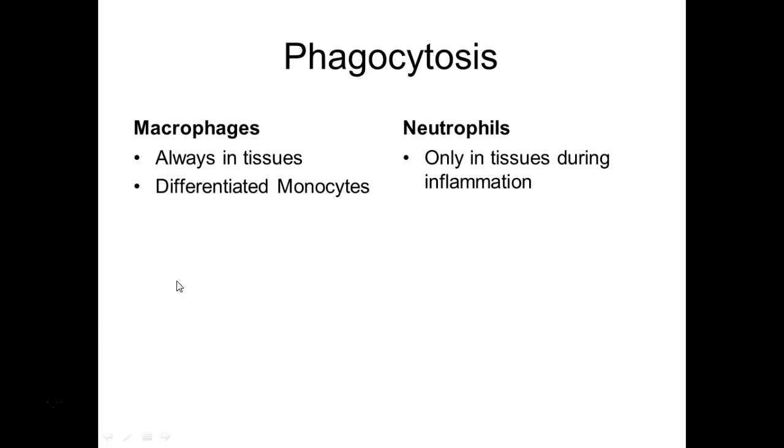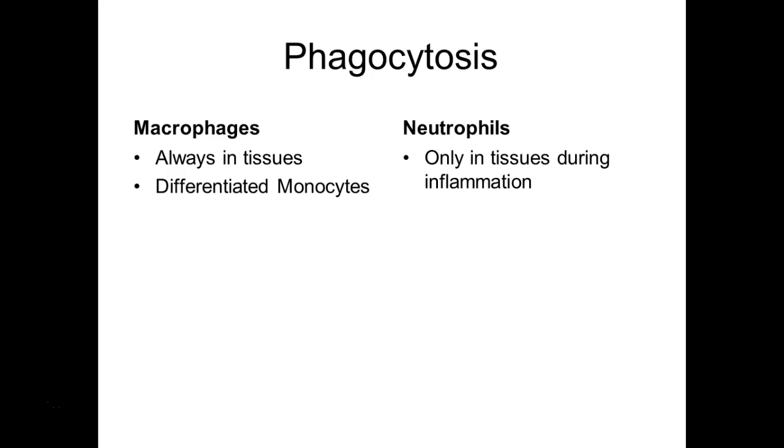So as we alluded to earlier, our two main phagocytic cells, where that's their number one job, are our macrophages and our neutrophils. So we're going to do a little compare and contrast. Macrophages are always found in our tissues, and they're derived, as we said earlier, from monocytes.